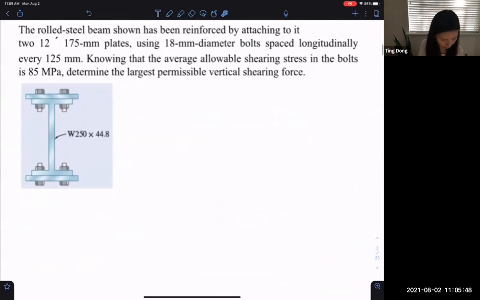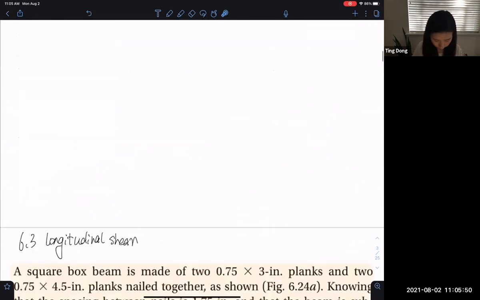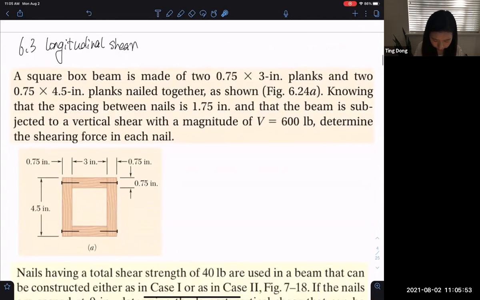And I think the longitudinal shear force is the same. Determine the shearing force. As I said, we do not really treat longitudinal shear and horizontal shear differently. The best way is to look at them as the same problem.